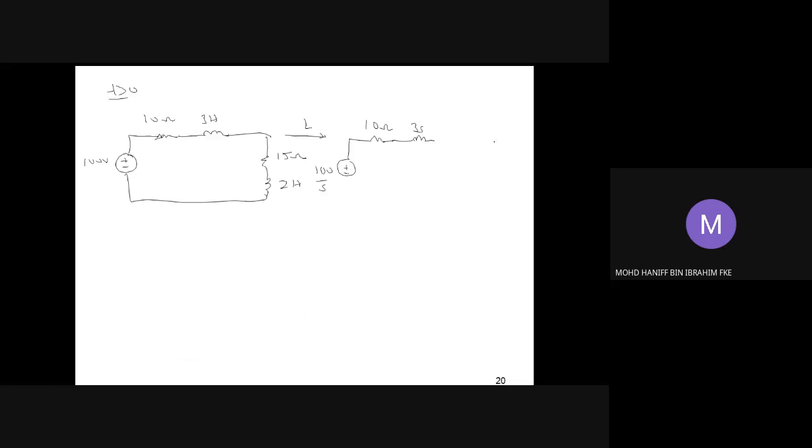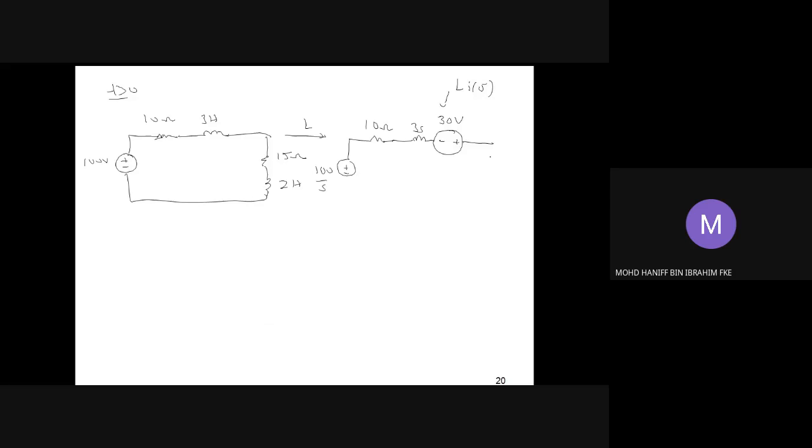We're going to have a voltage source in series with this impedance, the polarity is negative to positive. The formulation for the voltage source is L times I at 0 negative. L is 3 Henry, I is 10 ampere, so the voltage value is 30 volt.